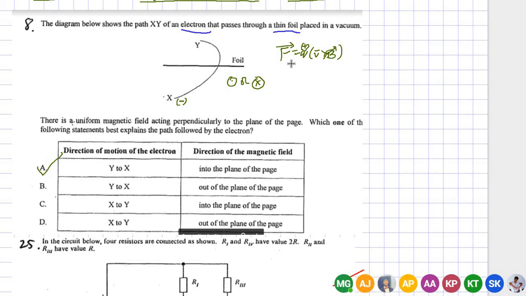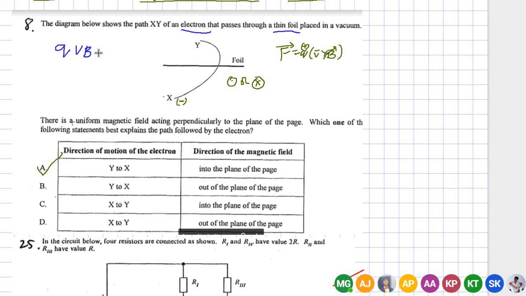But then let's apply the concept of the foil causing it to slow down. So if the foil is causing it to slow down, what would be the effect on its radius of curvature of the orbit or trajectory? Let us see. The force is Q into V cross B. So in this situation, velocity is perpendicular to the magnetic field.